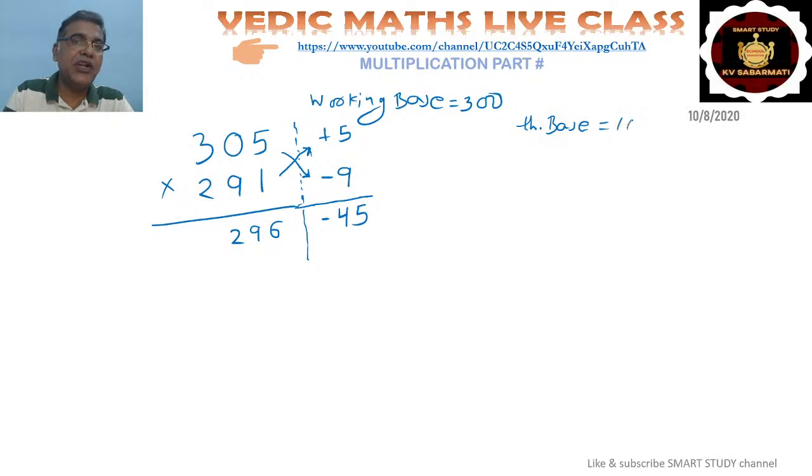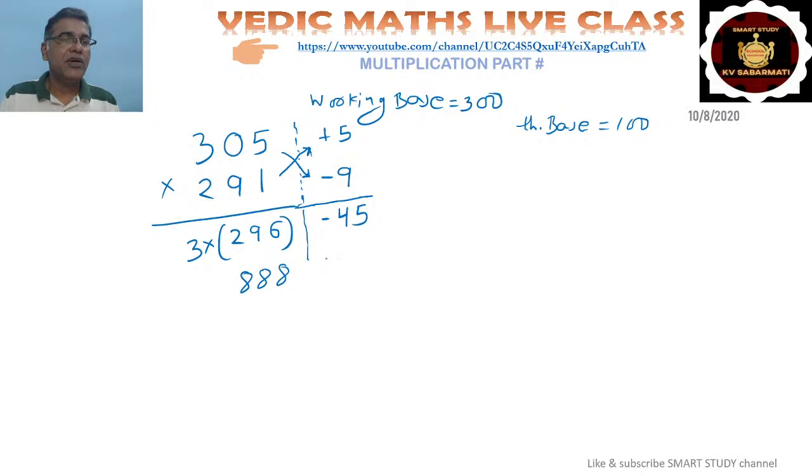The theoretical base is 100, and my working base is 300, so 300 is 3 times more than 100. So I will multiply by 3. Multiplication is very easy: 3 6s are 18, 8 and carry 1; 3 9s are 27, plus 1 is 28, 8 and carry 2; 3 2s are 6, plus 2 is 8. And this side I have minus 45.